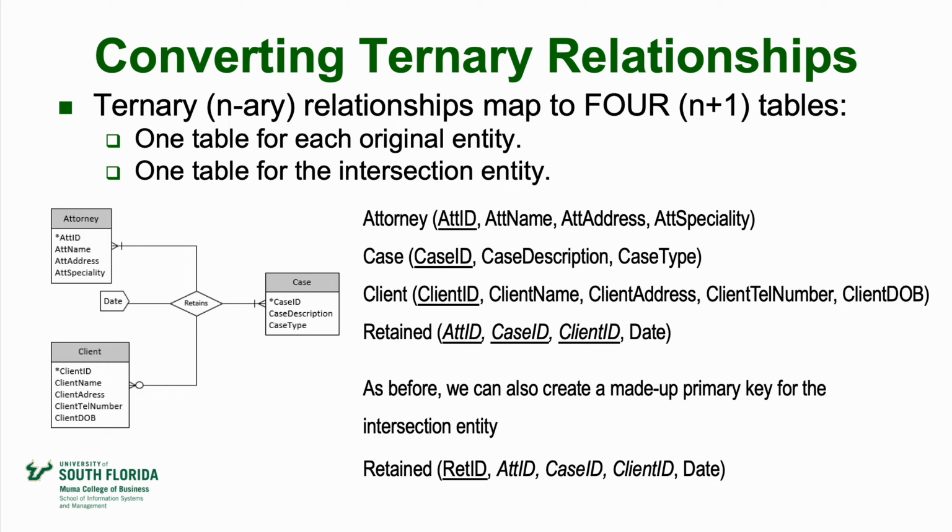Thus, in the example below, which we saw in the previous module, and which represents the rule that the client retains an attorney for a case, we introduce three tables, one for each of the entities, and a fourth table for the relationship, whose primary key consists of the primary keys of the three entities. And of course, as before, we can introduce a made-up primary key for the intersection entity, as we did again in the second example.